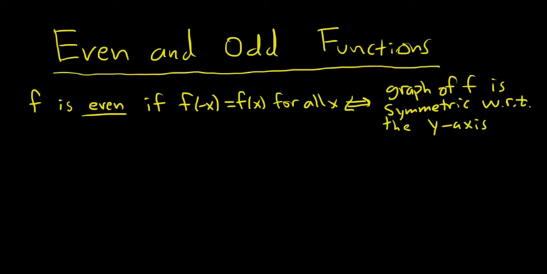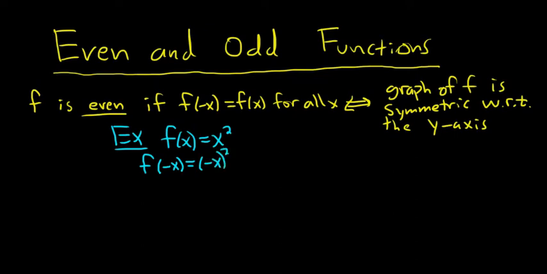So let's look at a simple example so you see how this works. Maybe the simplest case is f of x equals x squared. Algebraically, if you plug in negative x, that just means you replace all of the x's with negative x. So you get negative x squared.